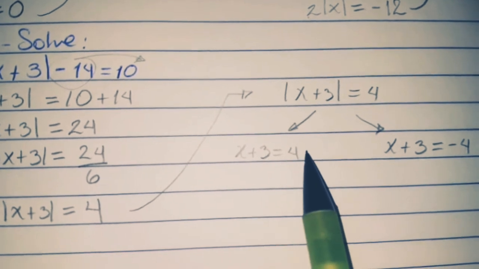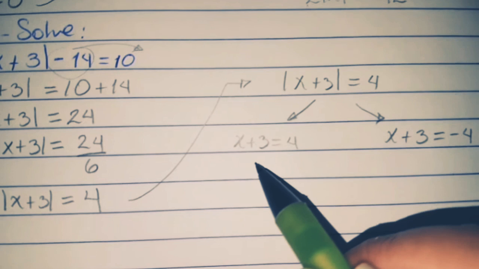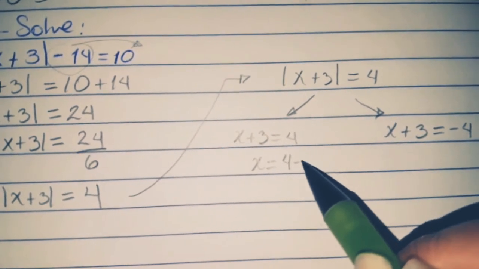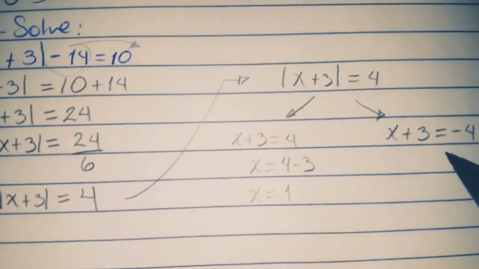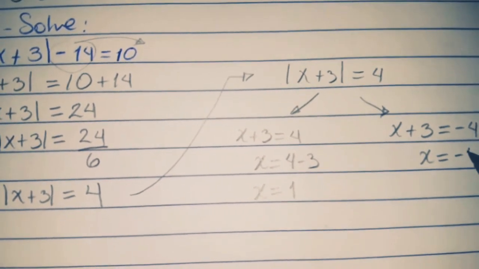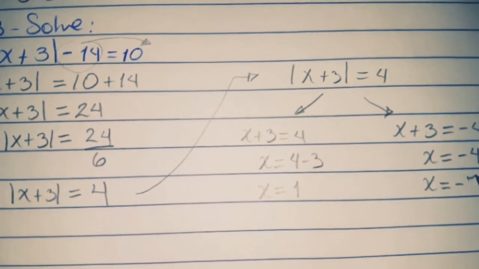The 3 comes to this side of the equation with inverse operation, which is subtraction. So x equals 4 minus 3, positive 1. x equals negative 4 minus 3, x equals negative 7.